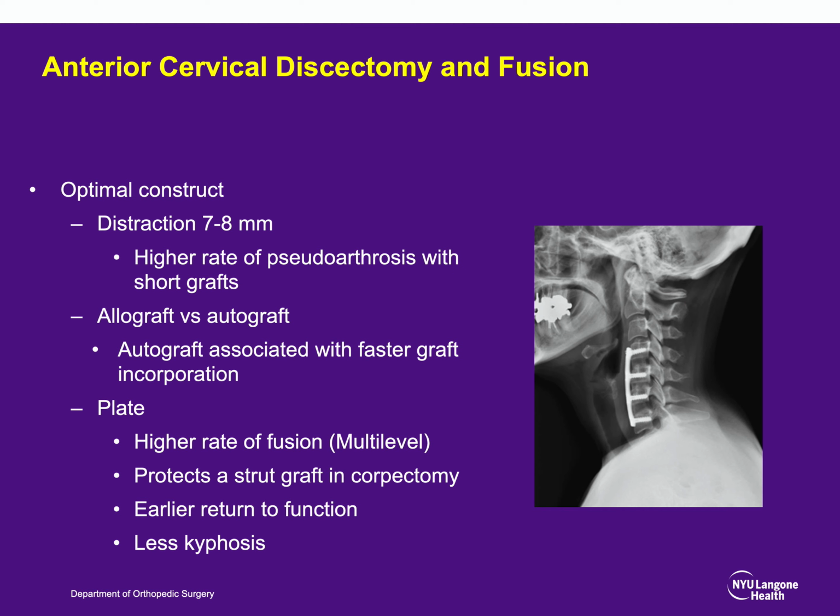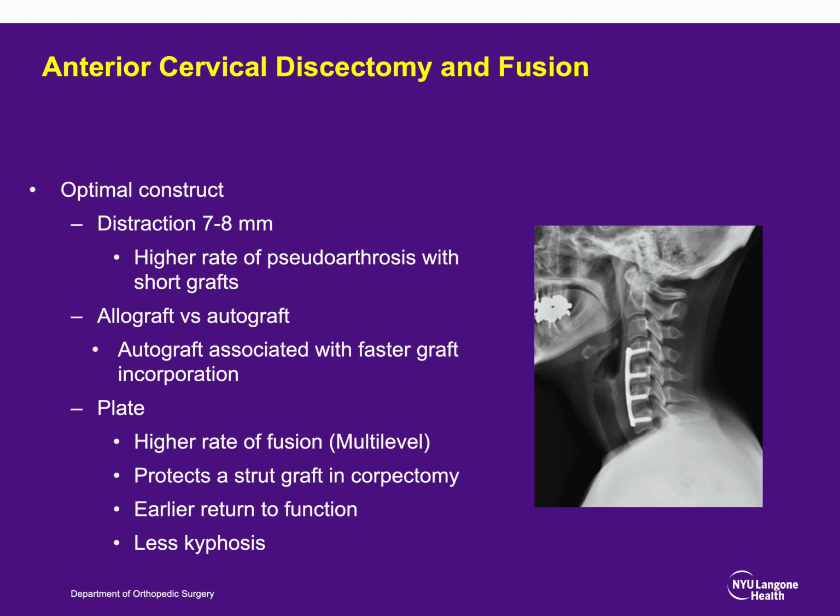So in the anterior cervical discectomy and fusion construct, you don't want to put a small graft in there because that is often associated with pseudoarthrosis. Question of allograft versus autograft. Autograft incorporates faster than the allograft, but overall fusion rate tends to be similar.